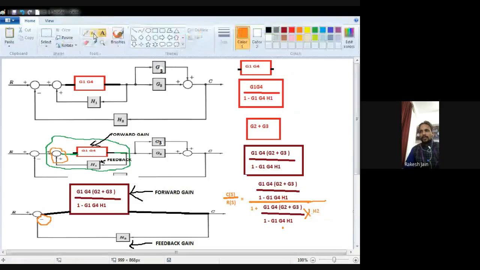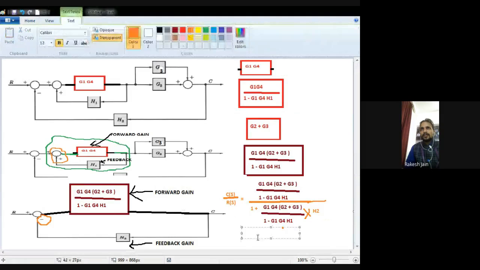Okay, so when we solve, we will finally find out the answer of this one. I just see with the purple color the answer of this one.